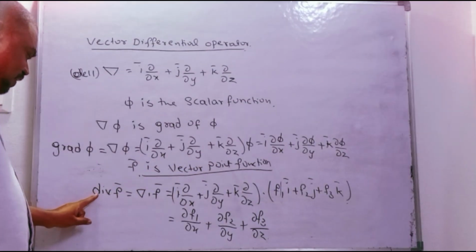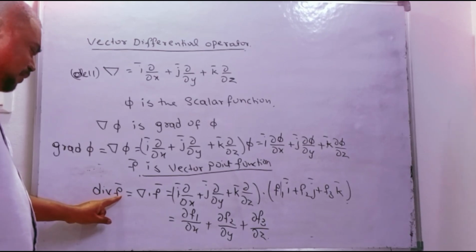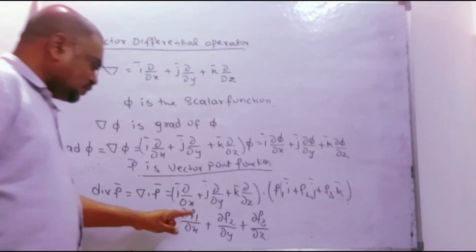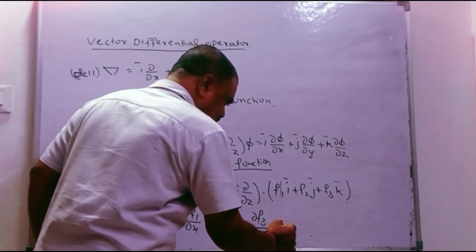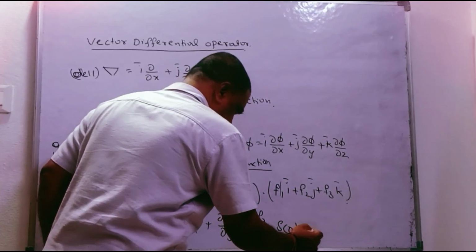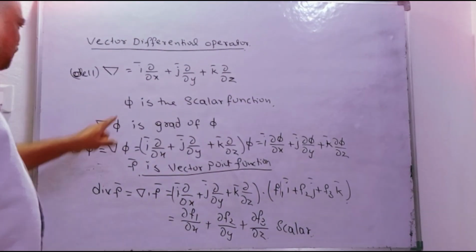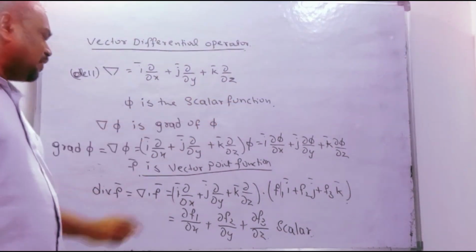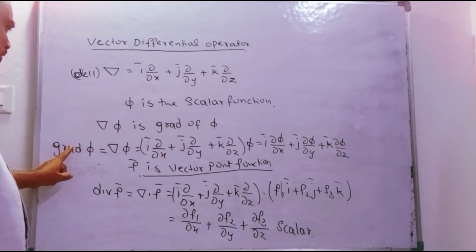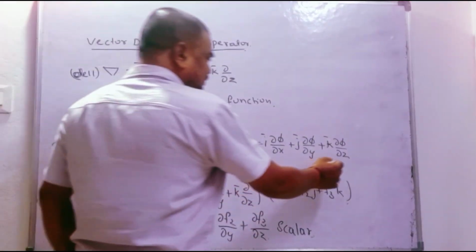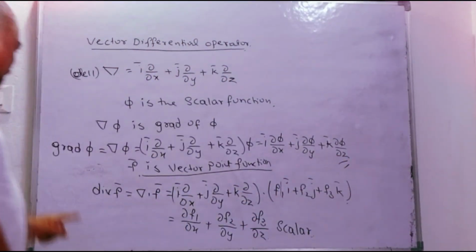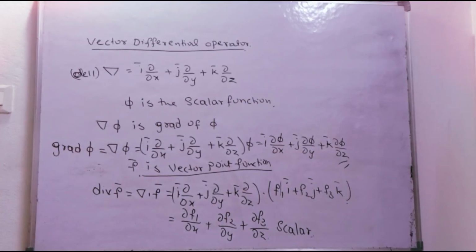If you find div F bar, then you will get a scalar. If phi is the scalar point function, then you will get the vector function by finding grad phi.